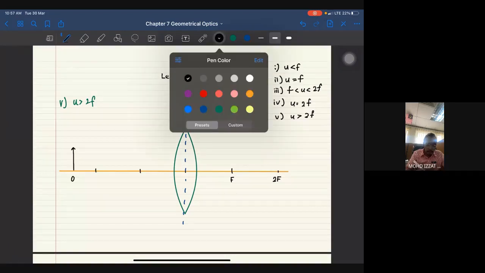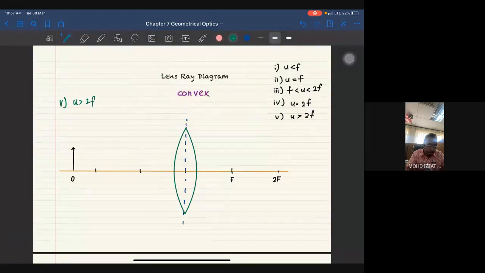Okay, so basically you have 3 main ray. Sama juga macam sebelum ni. Ray number 1, ray yang paling saya suka, is that dia datang dia parallel to the principal axis. Okay. Saya pendekkan sikit, saya pilih supaya dia dekat atas line, so that I can draw ni senang sikit.